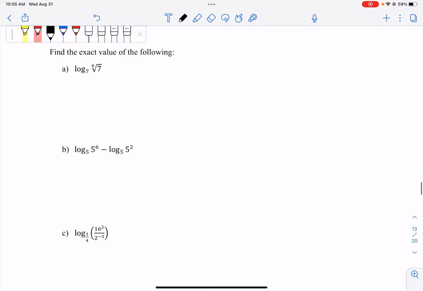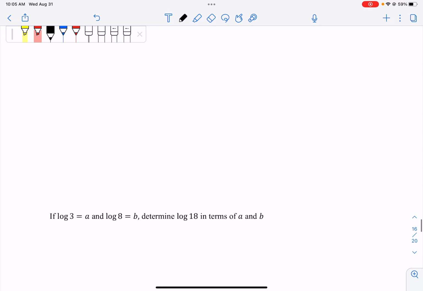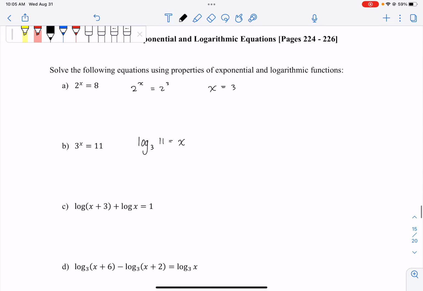So I can make this as log base 10 of 11 divided by log base 10 of 3 is equal to x. The reason I like to do log base 10 is because if you click log on your calculator, it automatically assumes you have log base 10. So in your calculator, all you have to press is log 11 divided by log 3.